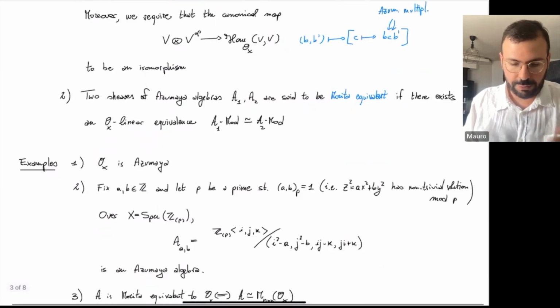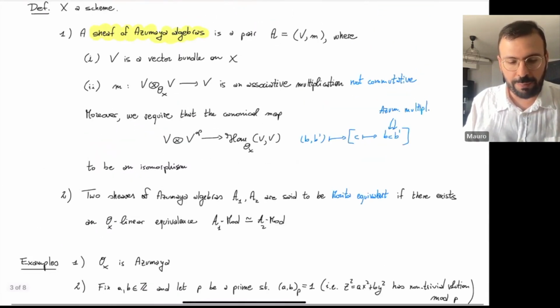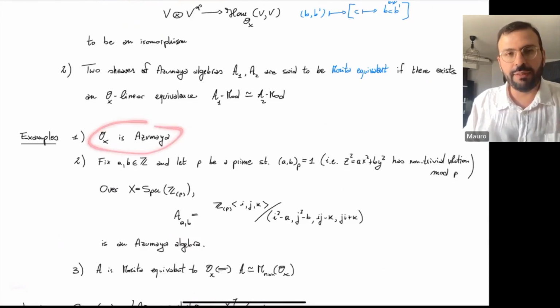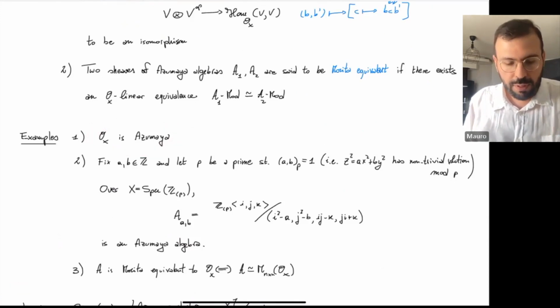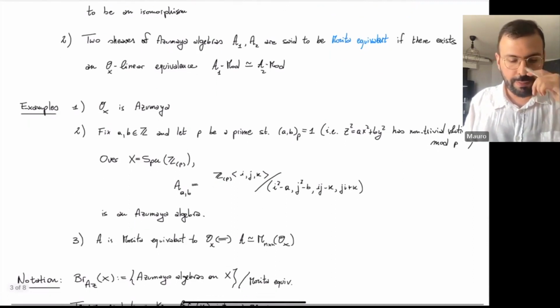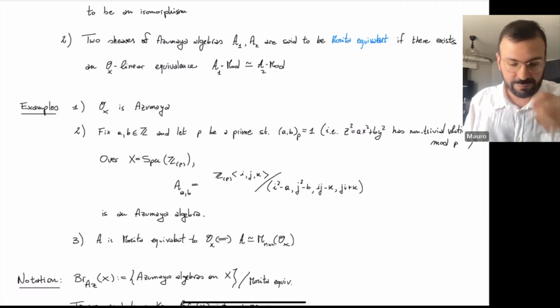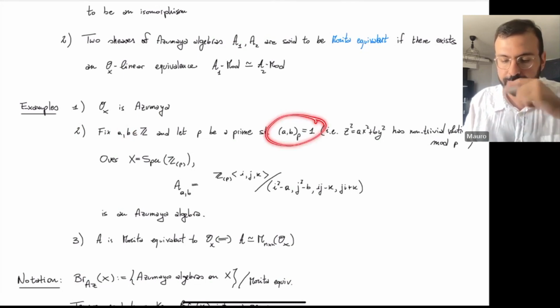Let me give first general examples for this definition. The most trivial one is that the structure sheaf is Azumaya. If you want to see some non-trivial example, this should do. We fix some pair of numbers a, b, and we fix a prime p such that the Hilbert symbol of (a, b) at the prime is 1.